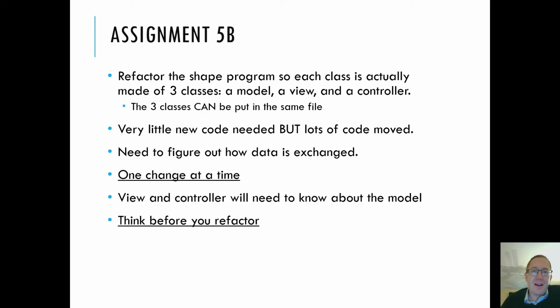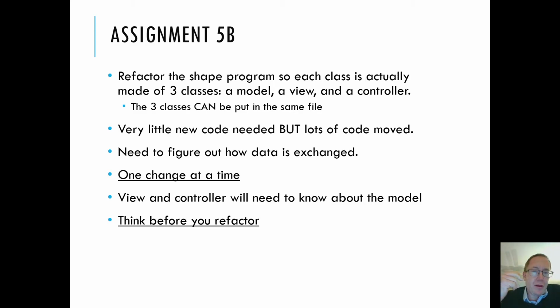So, for assignment 5B, and I may have said 4B and 4A, I meant it's supposed to be 5. Assignment 4 is that media library thing. What we're going to do is refactor a shape program. So we have 3 different shapes. I've already refactored one of them, or I'm going to do it live in front of you very soon.